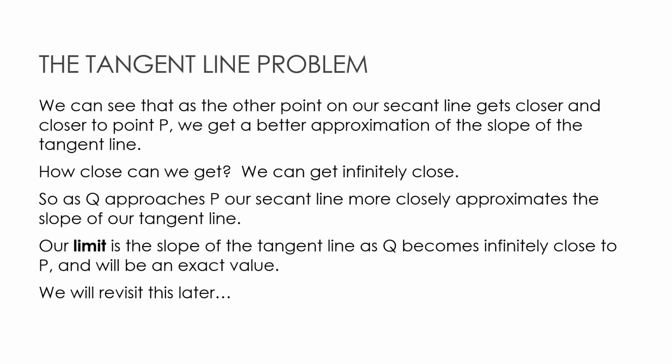So we can see that as we get that point closer and closer to the point where we're trying to actually find the slope, the slope of the secant line will more closely approximate the slope of the tangent line. And so again, as we get infinitely close, and that's the big deal here, we calculate something known as a limit.